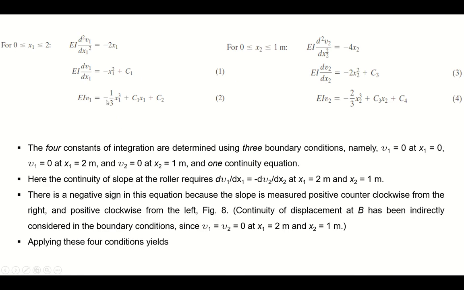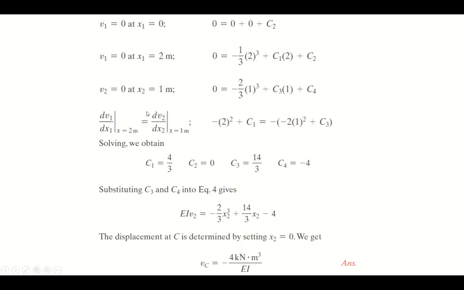So again put the values of mu1 and x1 is equal to 2 in this equation, and in this equation you know the value of C2. So if you put C2 equal to 0, you will get the value of C1. Similarly, the third boundary condition is mu2 is equal to 0 at x2 is equal to 1 meter.